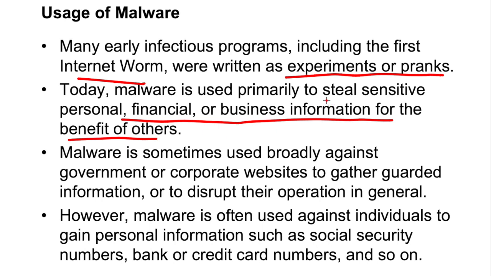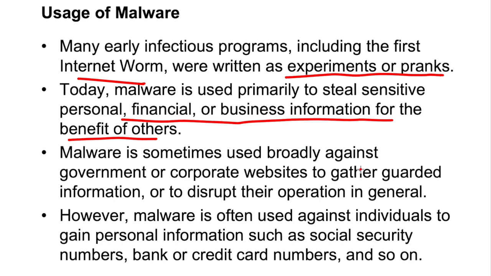So financial and business information can be stolen. Many competitors use this kind of tools to attack others in the same competition, so that they can incur some losses on them and benefit from that.